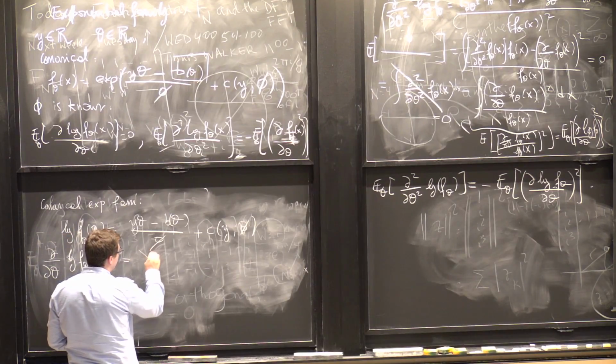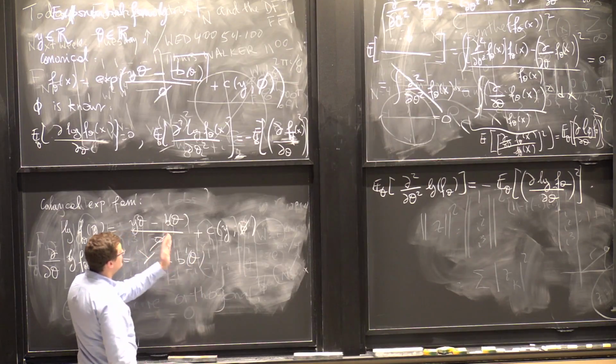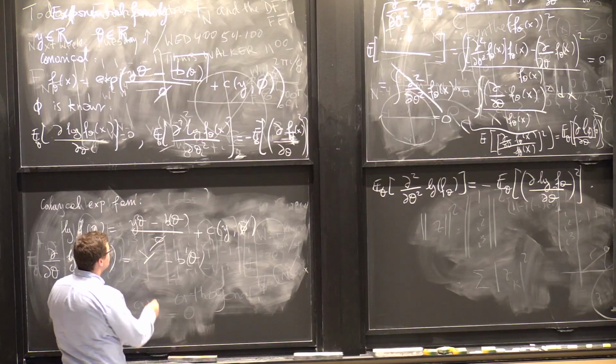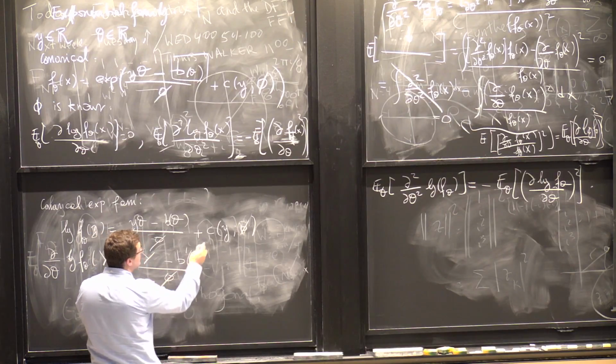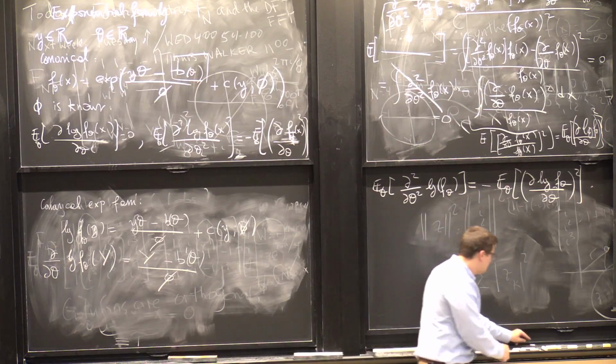So I get y minus the derivative of b of theta. Since it's only a function of theta, I'm just going to write b prime, rather than having the partial with respect to theta. Then this is a constant. This does not depend on theta, so it goes away. OK?